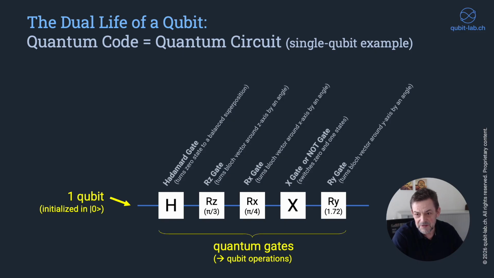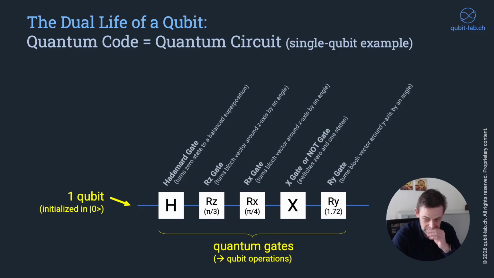This is another example of a quantum circuit, so actual quantum code. It's a simpler version, just with one qubit. But everything else is kind of similar. You have one qubit. Qubits are always initialized in state 0. Then you apply a first gate, which is called a Hadamard gate.